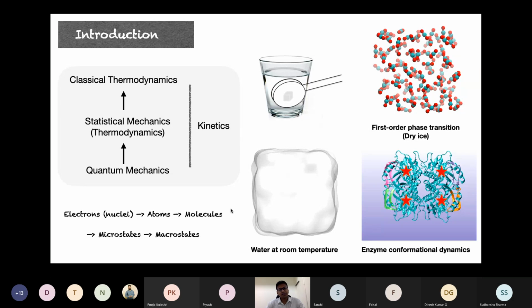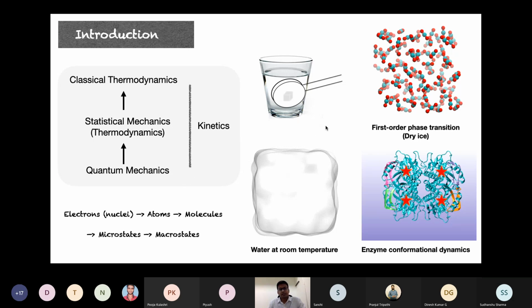Physical chemistry can be divided into three major parts. Here I'm not listing other parts like spectroscopy, but mostly quantum mechanics, statistical mechanics, and classical thermodynamics. Then there is another one, called kinetics, where you talk about rates, like the reaction rate of any physical or chemical process. It can be nucleation rate, crystallization rate, or a chemical reaction. So these are the major topics in physical chemistry.